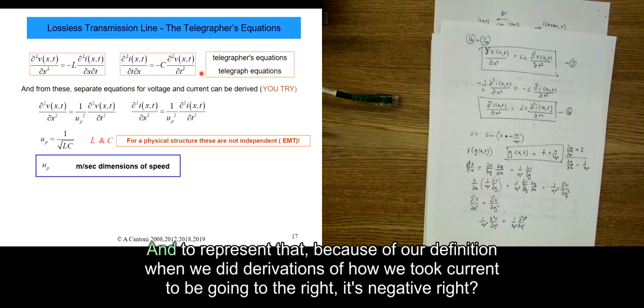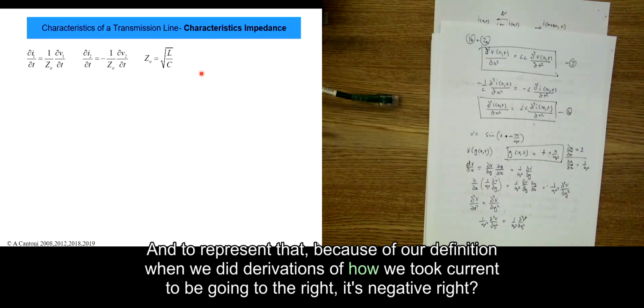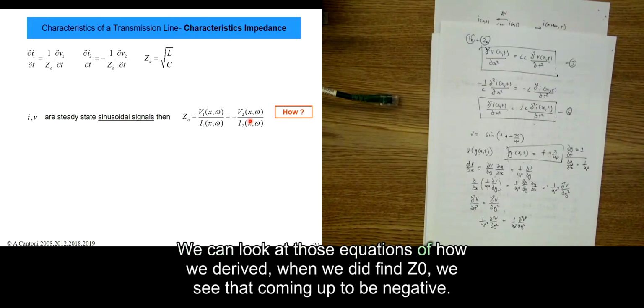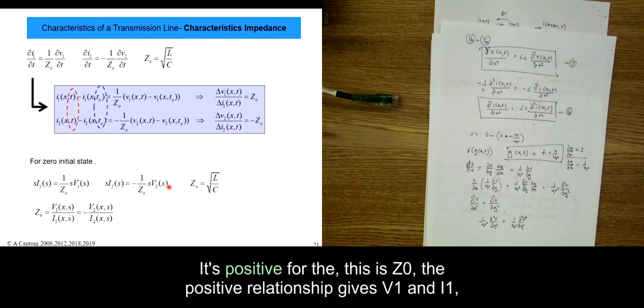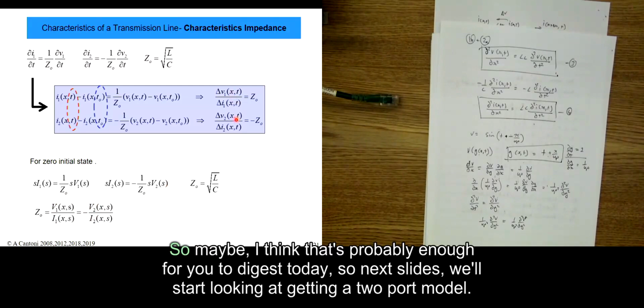To represent that, because of our definition where we took current to be going to the right, it's negative, so you get a negative sign. If you look at those equations, when we found Z0, you see that come out negative. So Z0 is a positive relationship, giving V1 on I1, and it's related to minus V2 on I2 for the backward wave, okay? I think that's probably enough for you to digest today.